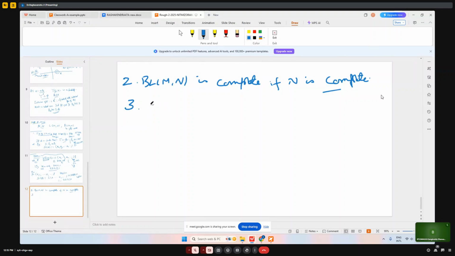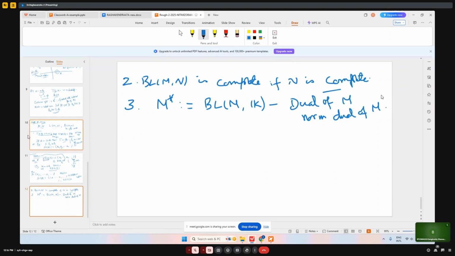Third thing is, M star is defined to be BL, where instead of N you have the scalars. This is called the dual of M. Some people call it the norm dual of M. So what are these elements?